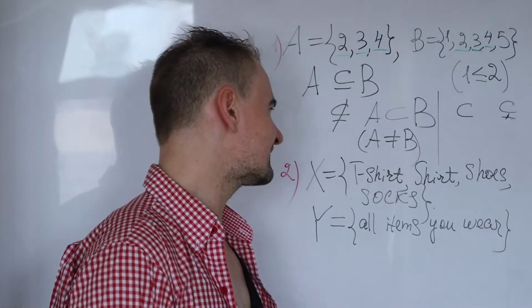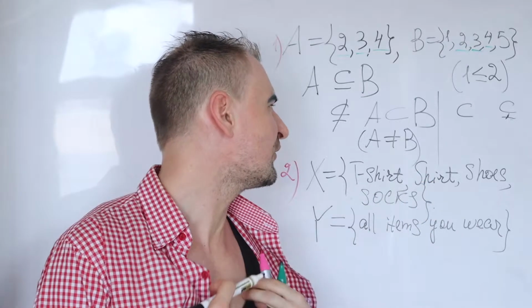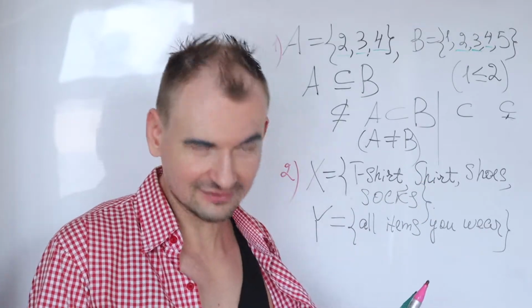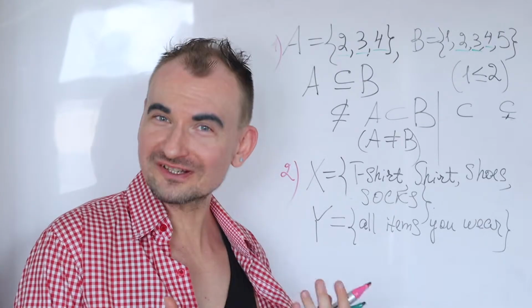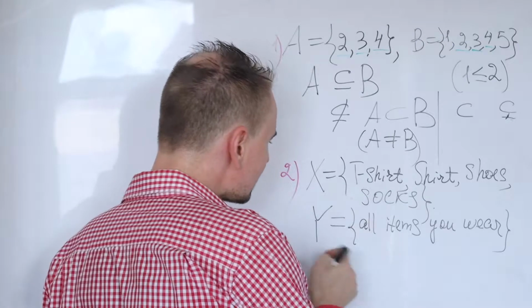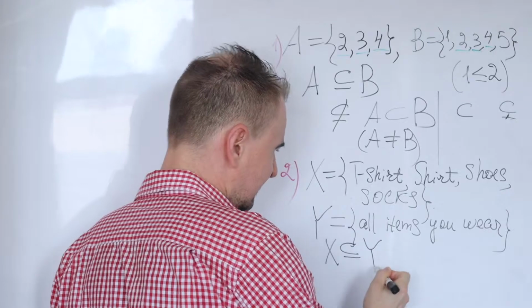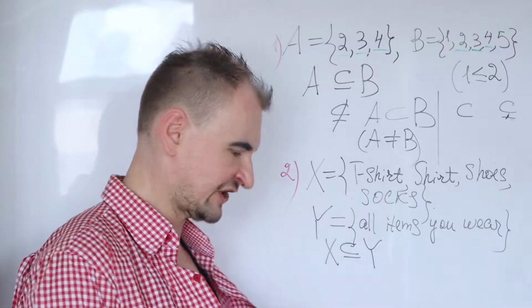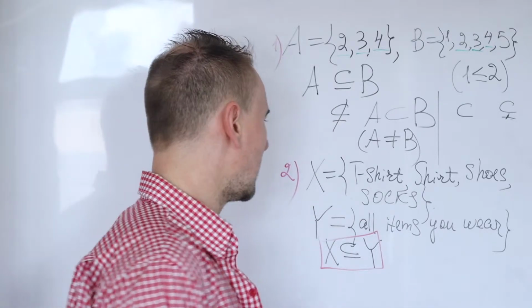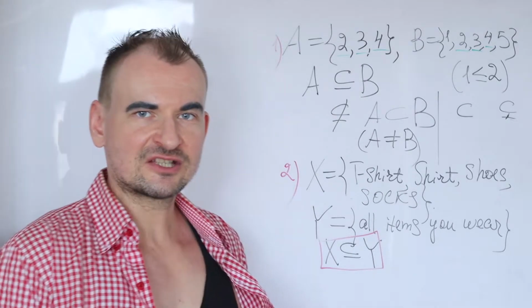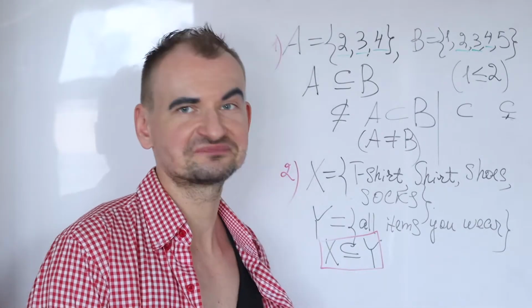So since I'm wearing, as you could see, a shirt, a t-shirt, okay, let's say shoes, and yeah, let's say socks. So we would conclude that set X is a subset of set Y, or set Y is a superset, set Y contains, includes set X.